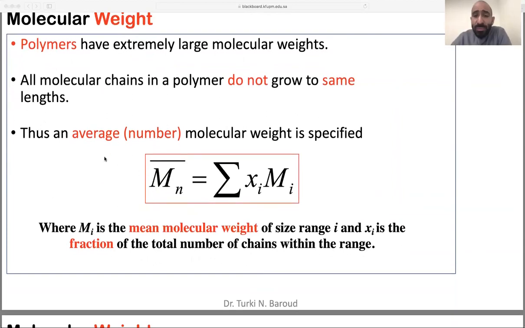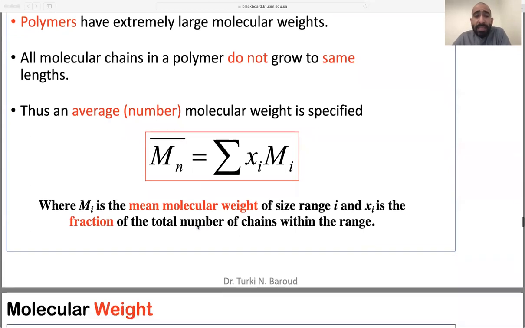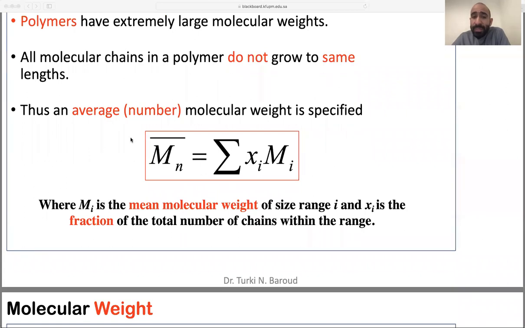The first one is called number average molecular weight. So we're going to use this equation. Xi is representing the fraction.